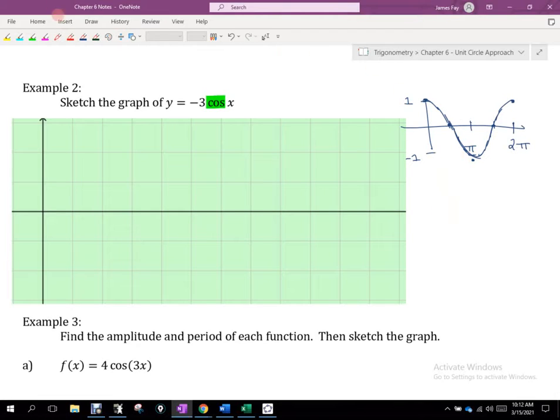This is the importance of being able to graph that efficiently and understand these ordered pairs like the back of your hand, because of how that then gets transformed into actually graphing our -3 cosine x.